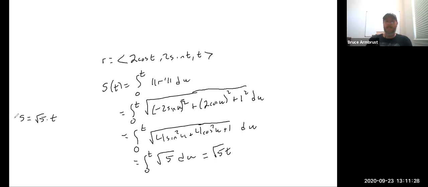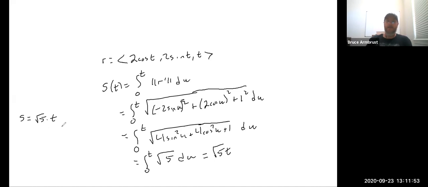So what's nice about this formula, other than the fact that we're going to be able to use it to parameterize in terms of s instead of t, is that we now have a way of knowing how far we traveled given a certain amount of time, right? So basically this is saying every one time period we're going root 5 lengths, whatever that happens to be.